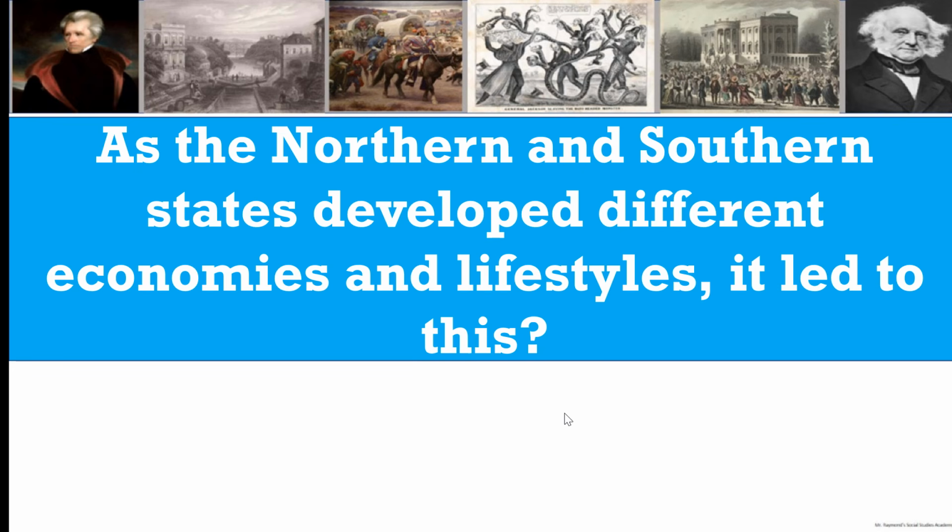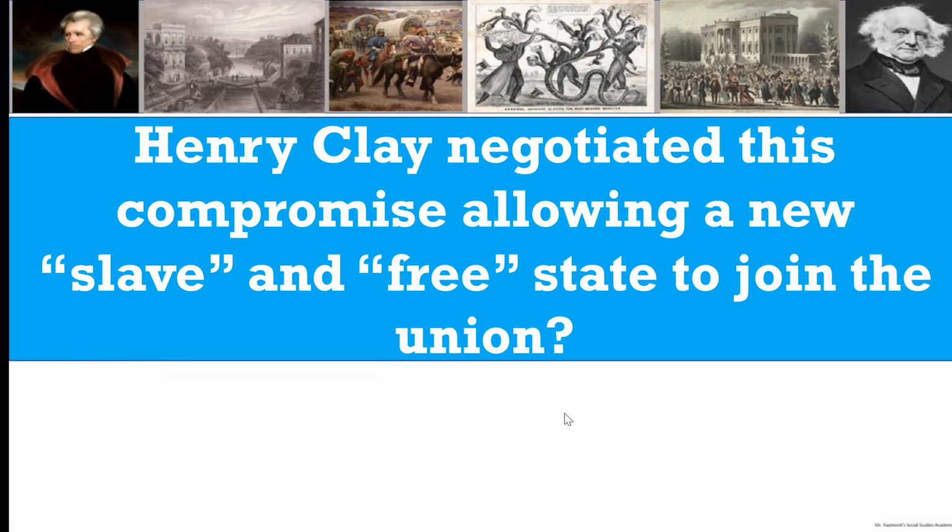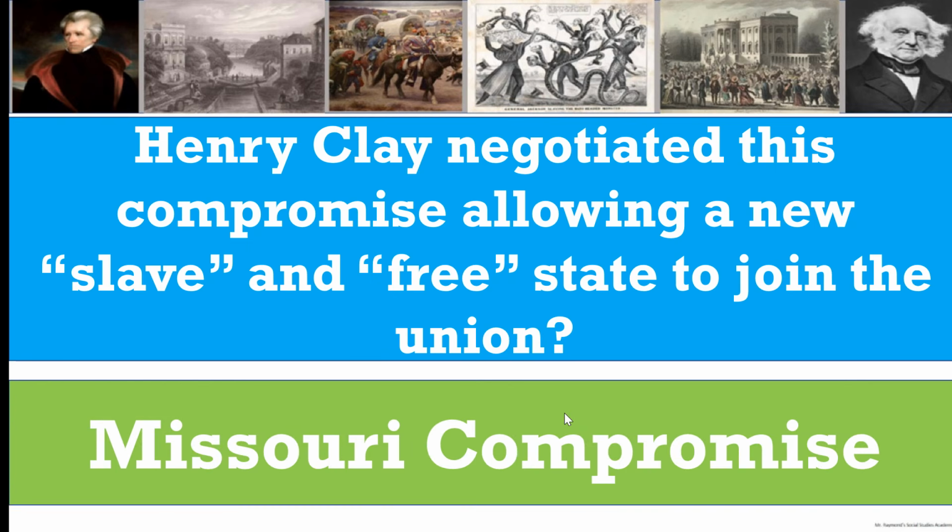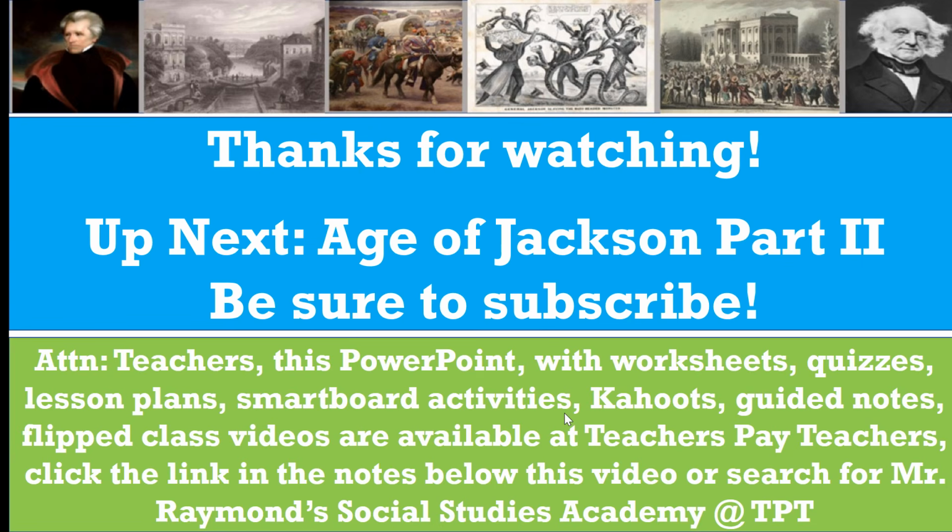Protectionism. As the northern and southern states developed different economies and lifestyles, it led to what we call sectionalism. Henry Clay negotiated this compromise, allowing a new slave and free state to join the Union. The Missouri Compromise.